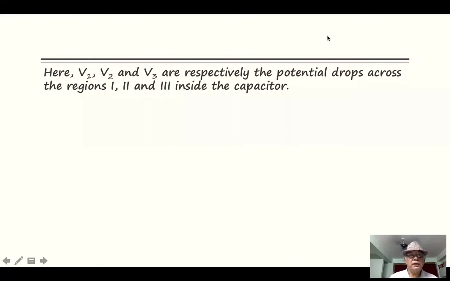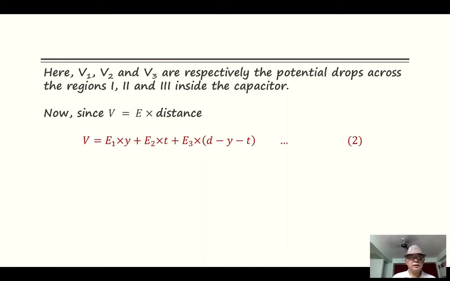Here, V1, V2 and V3 are respectively the potential drops across the regions 1, 2 and 3 inside the capacitor. Now, since the potential drop V is equal to electric field E multiplied by distance, we can express V as E1 into y plus E2 into t plus E3 into, within bracket, d minus y minus t. This is equation 2.